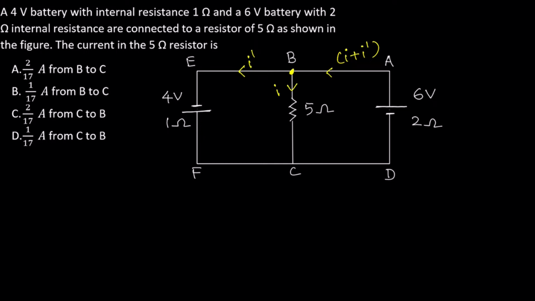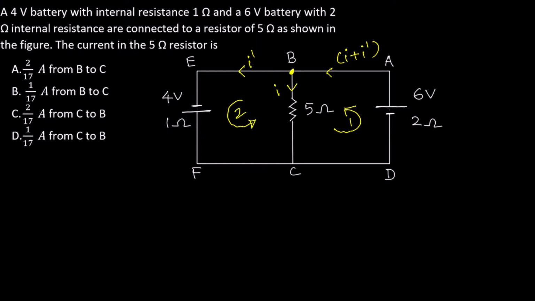Now let's take two loops. I'll consider this loop, and I'm going to walk in the counterclockwise direction. So let's put a number 1. That's loop 1. And here also we will move in the counterclockwise direction, so let's say that is loop 2.